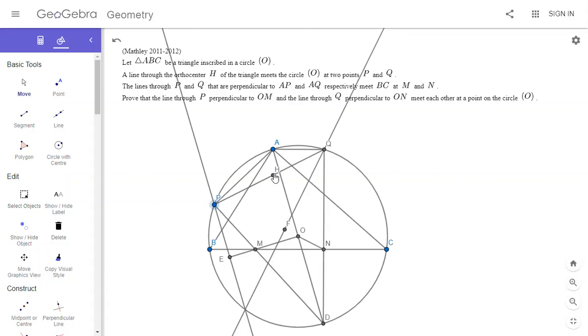So H. It feels sort of like a homothety, but not quite. It's like a spiral similarity, right?